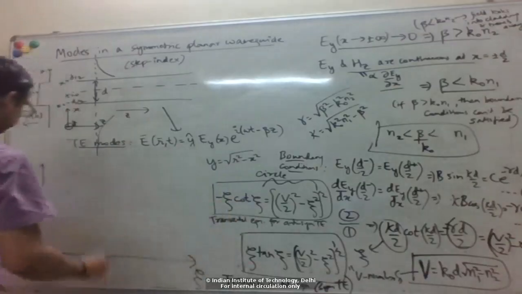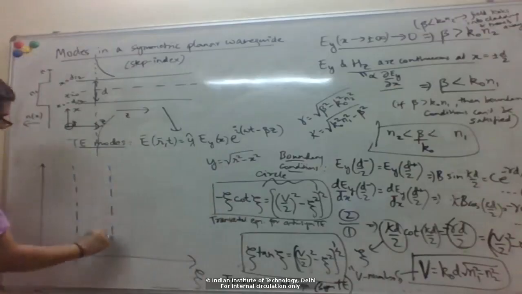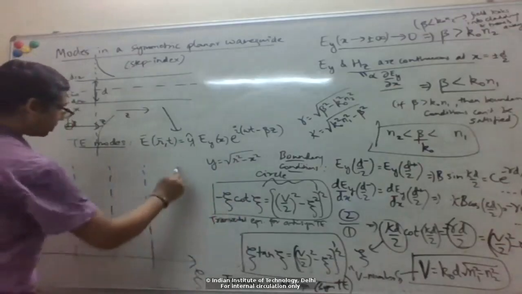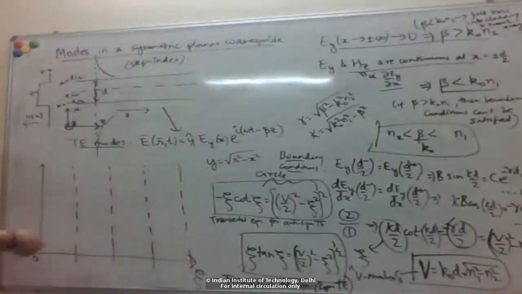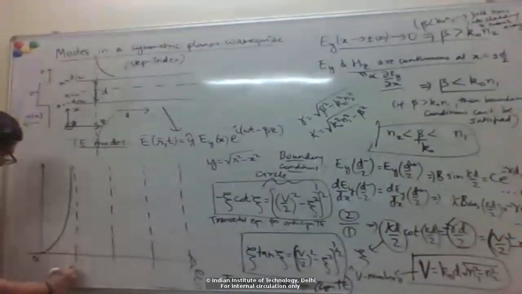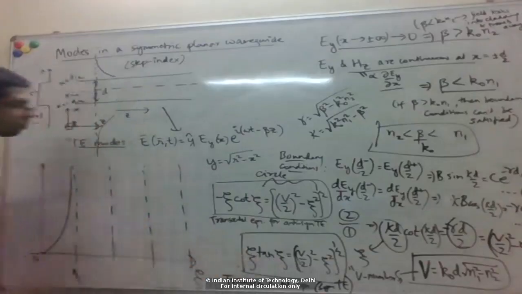And then we have tan and cot functions. It's multiplied by zeta again, but basically the variation of tan and cot is very sharp, so the variation will look similar to that. This is pi by 2, and at pi by 2 this function blows up.